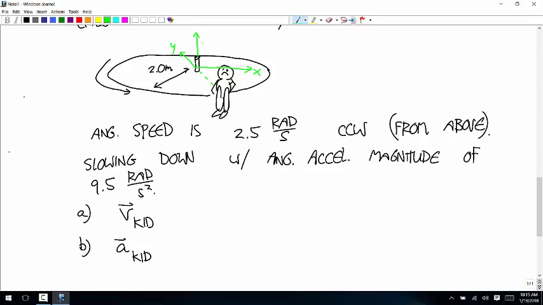So there's x, y, z. Okay, so he's 2 meters in the negative y direction from the center.